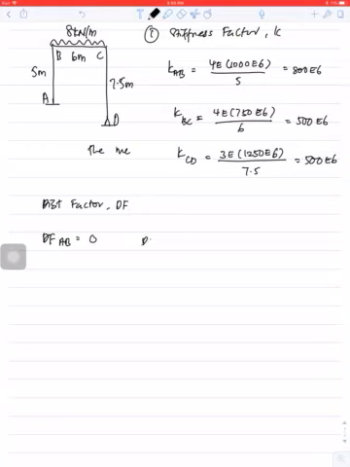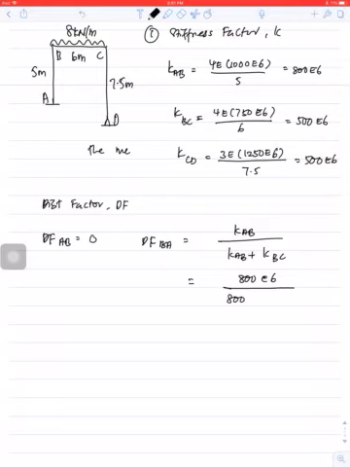And we have distribution factor DFBA, which is equal to KAB divided by KAB plus KBC, equal to 800 E6 divided by 800 plus 500 E6, and this is equal to 0.615.